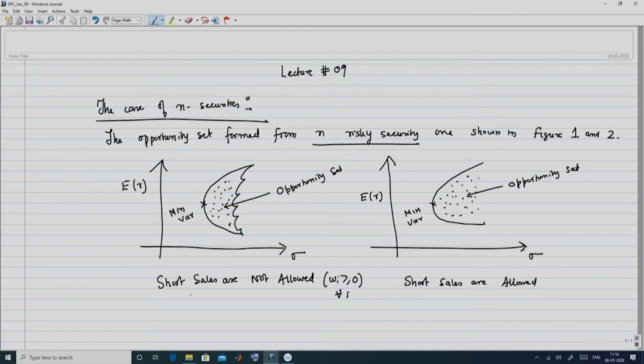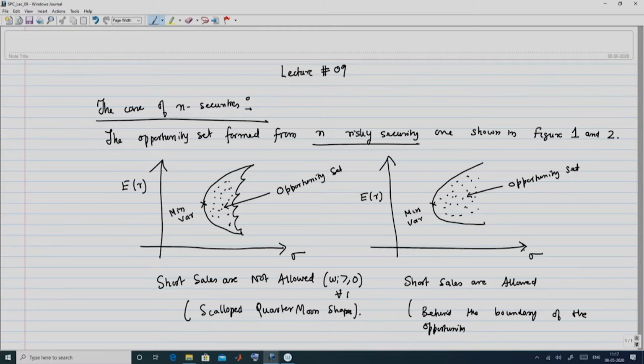So, in the first case, the opportunity set looks like a scalloped quarter moon shape, and in the second case, the opportunity set is basically beyond the boundary of the opportunity set.